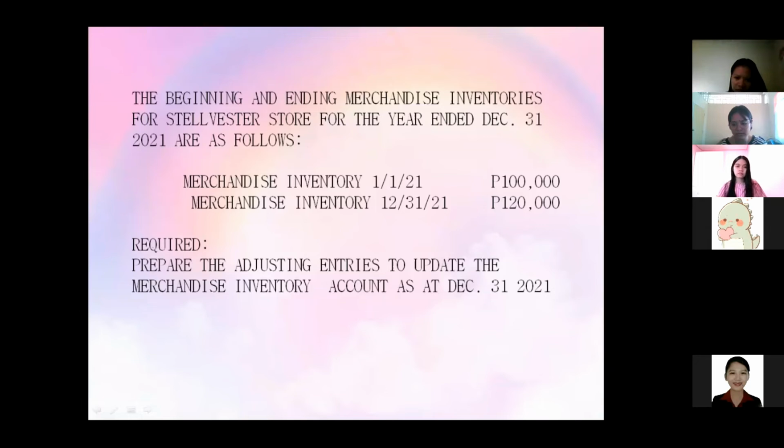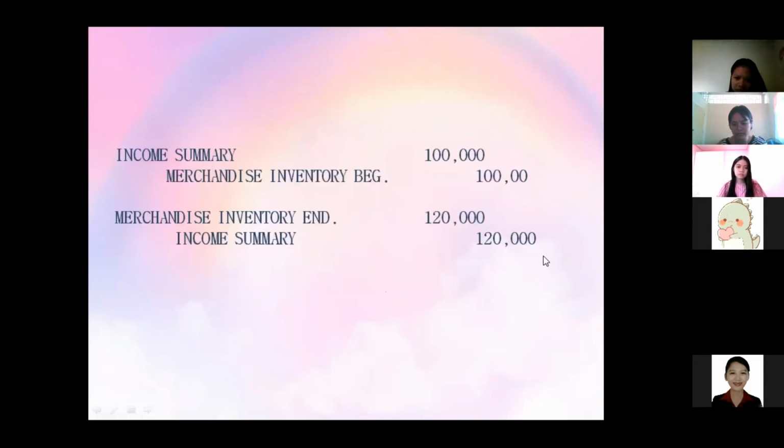Ayun, may sagot na. At ang sagot is, tama kayo. Income summary debit 100,000. Credit merchandise inventory beginning, 100,000. And merchandise inventory ending, may mali si Ellie. Ayun. Debit merchandise inventory ending 120,000 and credit income summary for 120,000.